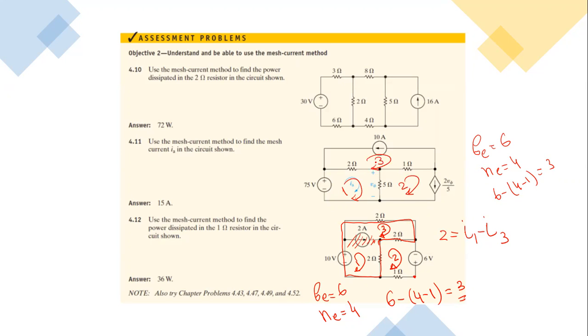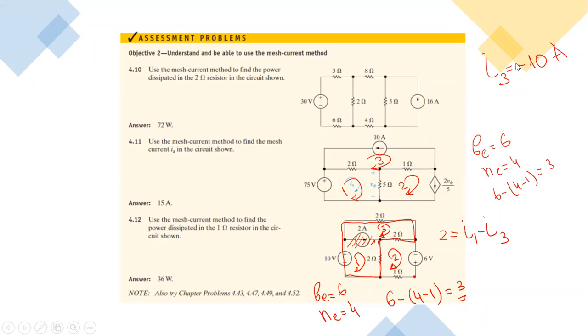But immediately I can see that I3 is equal to negative 10, as in the example that we solved here. Why is it negative 10? Because they are in opposite direction.